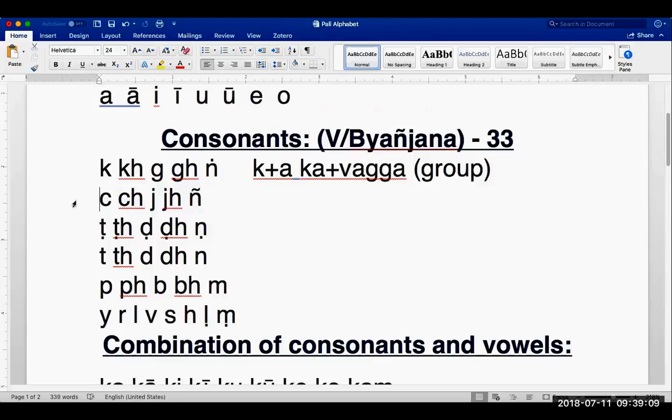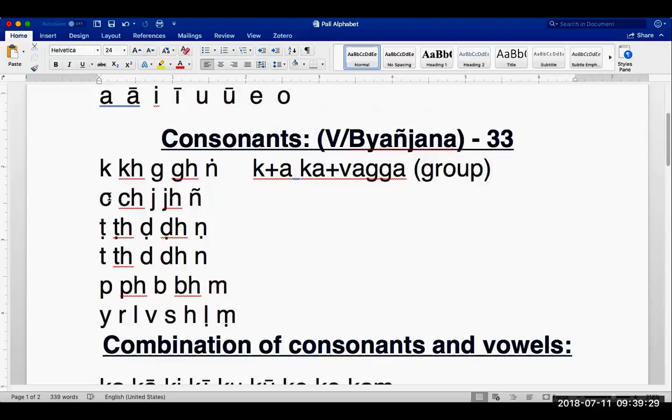For example, Chinese people would find Sanskrit very difficult, and people from South Asia would find Chinese, Japanese, or Vietnamese a little bit difficult.